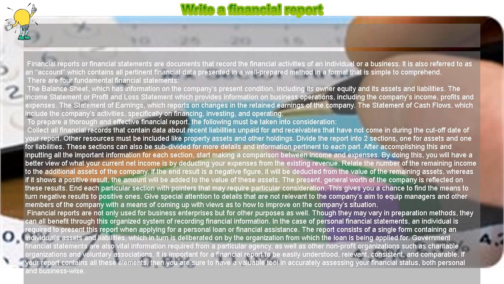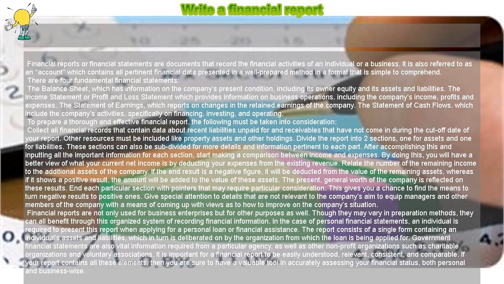Other resources must be included, like property, assets, and other holdings. Divide the report into 2 sections, one for assets and one for liabilities. These sections can also be subdivided for more details and information pertinent to each part.